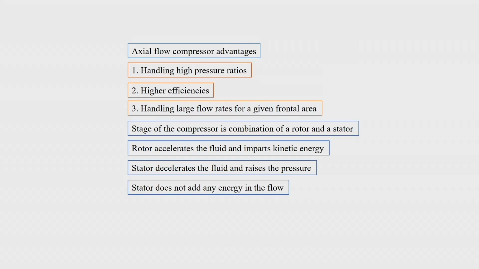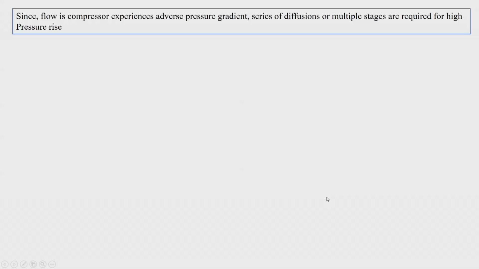It is basically a diffuser, which converts the energy already present inside the flow and raises the pressure. So, the stator, a stationary object of the compressor, does not necessarily add any energy into the flow, but its job is to increase the pressure from the available energy within the flow. So, these two are the components comprising the axial compressor.